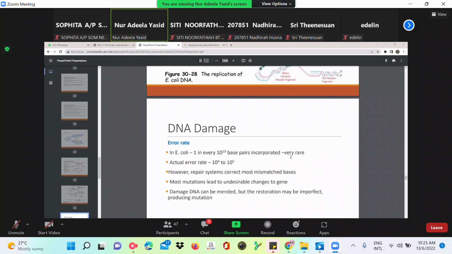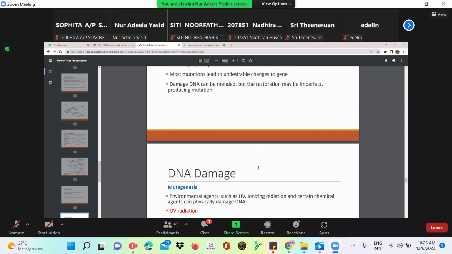So it is very important. That is why in our system we have all these repair systems, but even though it has been mended, restored and repaired, it may be imperfect and still produce mutation.